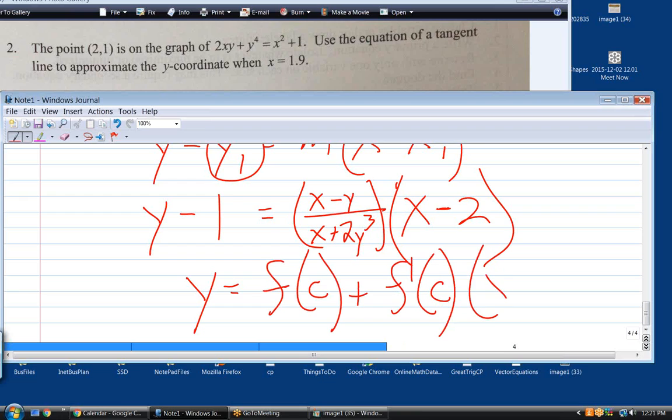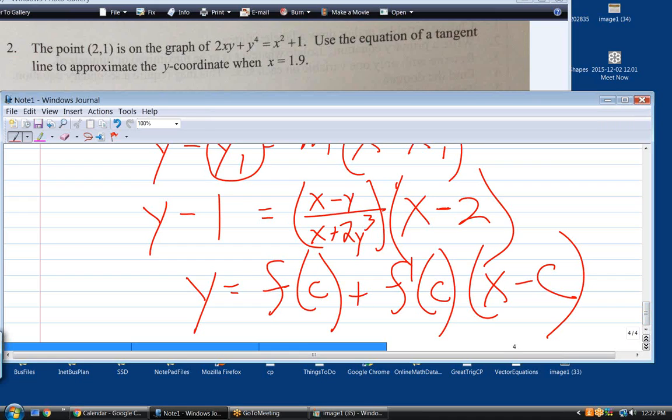Okay, so that's the formula that's going to let us approximate that. Okay, so C being 1.9. Okay. So let's see if I can remember how to do this.